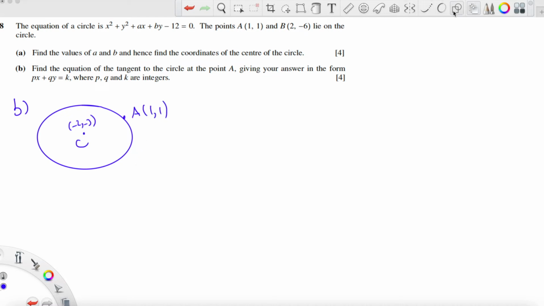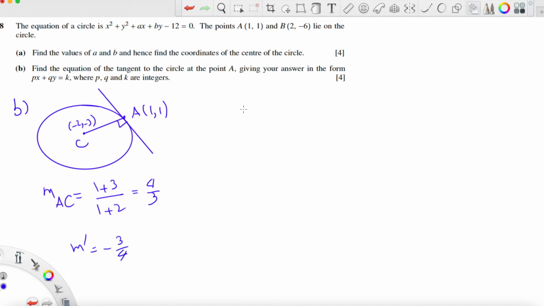Now, you're supposed to find the equation of the tangent to the circle at point A. So this will be our tangent, which makes an angle of 90 here. So first I find equation of AC, which is 1 minus negative 3 over 1 minus negative 2, which is 4 over 3. So for the tangent, we use a negative reciprocal, which is negative 3 over 4.